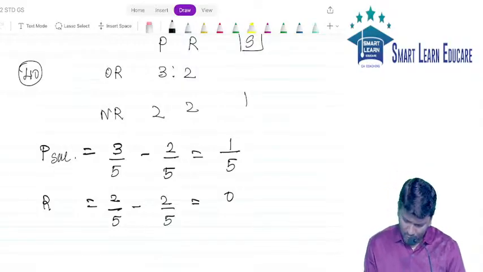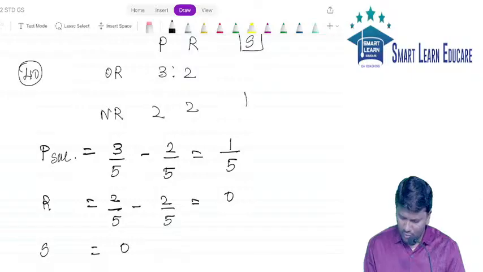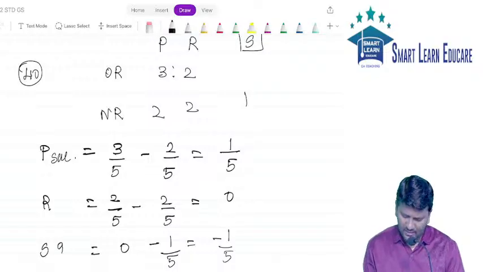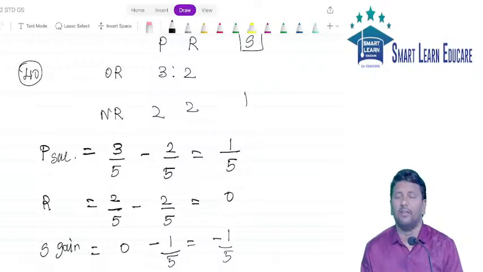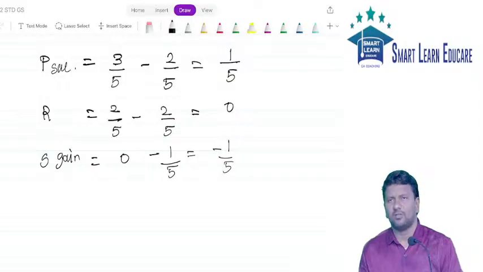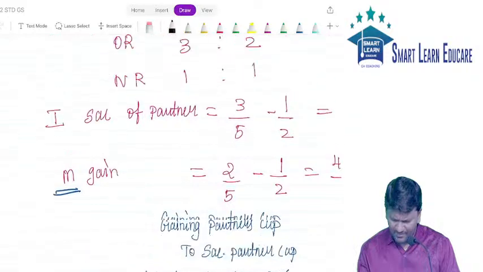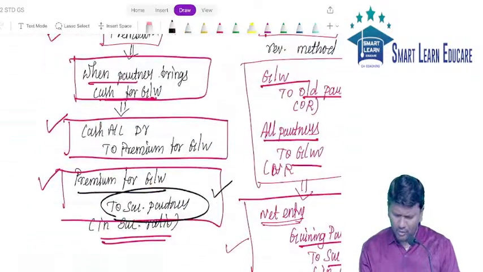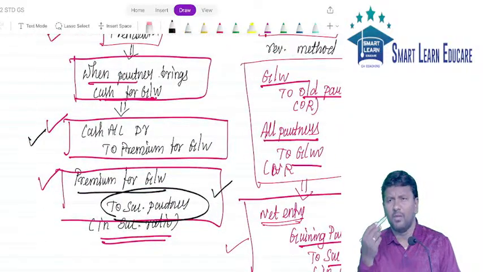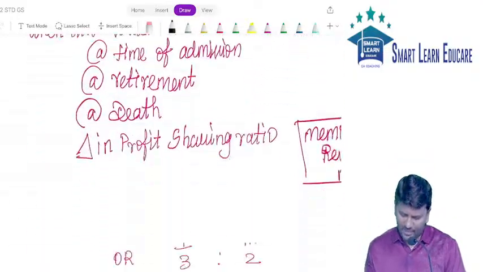Next, the new partner S. Old ratio 0, new ratio 1/5. So you will be getting minus 1/5. If it is minus, that partner is gaining. What is the journal entry I told you? In the premium method, first entry cash to premium, second entry premium account debit to the sacrificing partner.